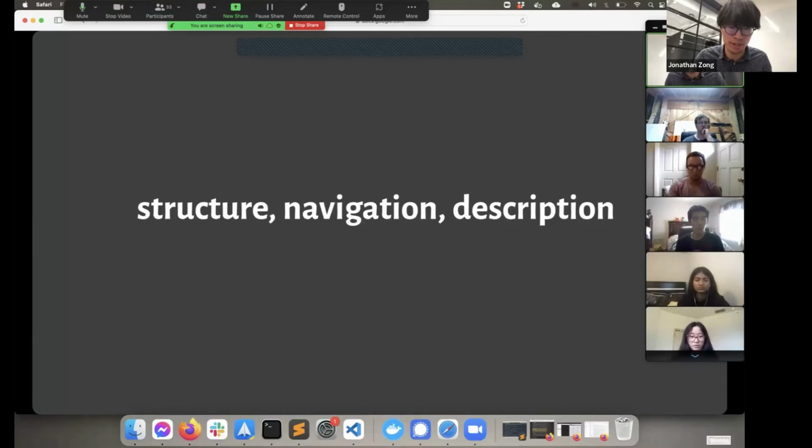And so we came up with this design dimensions framework that has three important components, three kinds of things that you want to consider when you're designing screen reader friendly visualizations. We call these three things structure, navigation, and description. So I'm going to step through each one of these one by one, starting with structure.